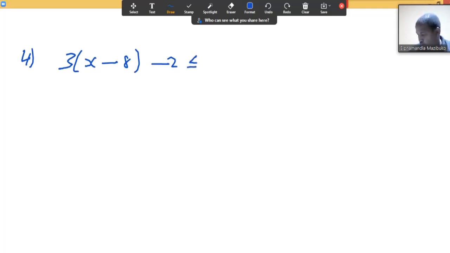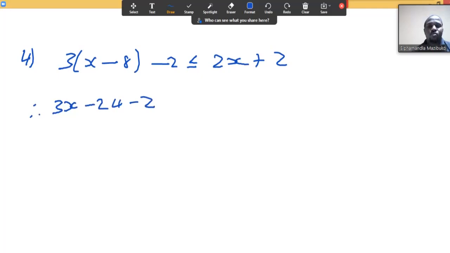Our next example, which is example 4, let's look at 3 into x minus 8 minus 2 less than or equal to 2x plus 2. So what we're doing here, we need to expand that. Therefore we have 3x minus 24 minus 2 less than or equal to 2x plus 2.